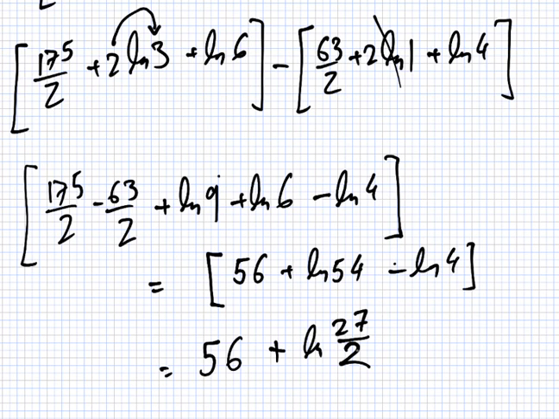Calculate. Now they ask for the answer to be written in this form. My calculator says the answer is 58.6, so let me see if this is equal to 58.6. 56 plus log 27 over 2, 58.6, yeah. So I know I got 5 out of 5 there, which is good.